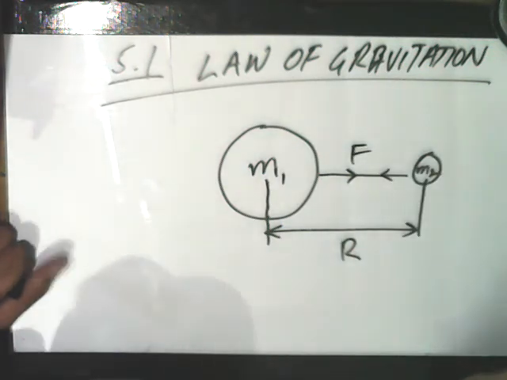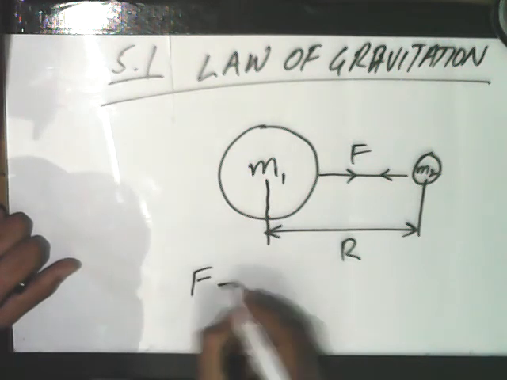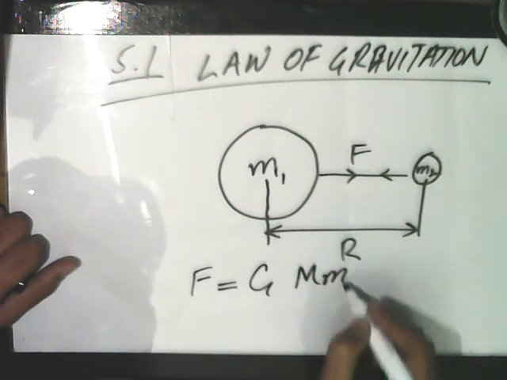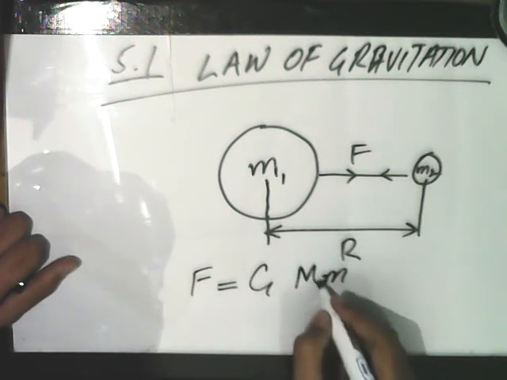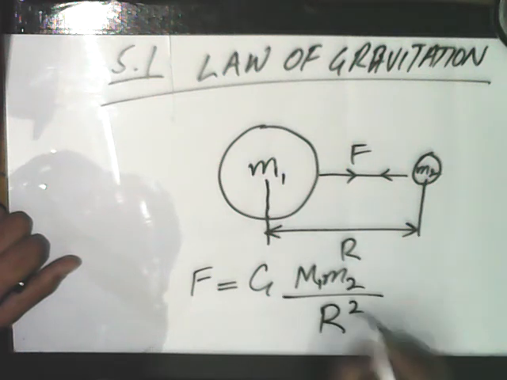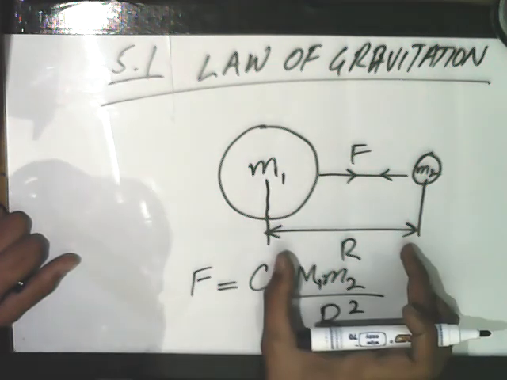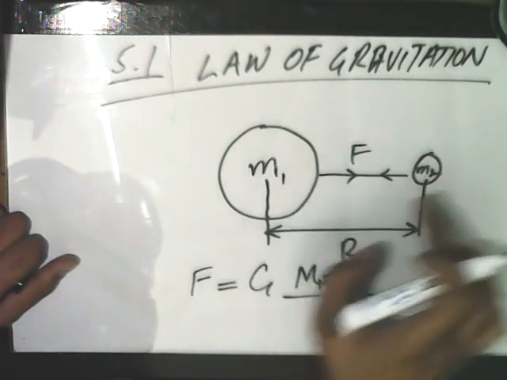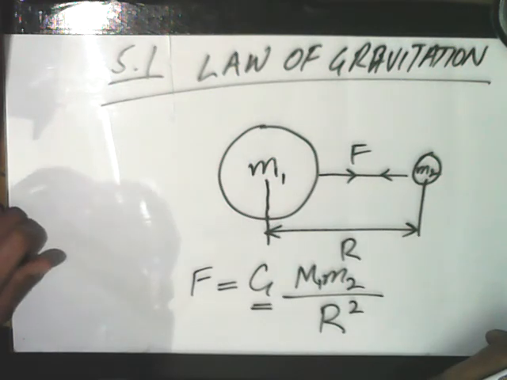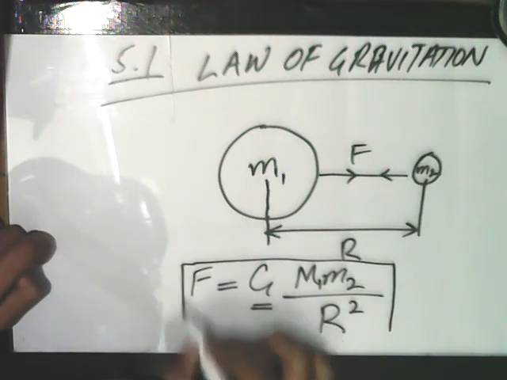So in terms of gravitational force, we would say that this force is proportional to m1, where this is m1 and this is m2, over r square. The distance between them, the separation between them, the masses themselves, and this one thing which we call the gravitational constant. We will discuss this in a moment. This is the basic relationship for this force.